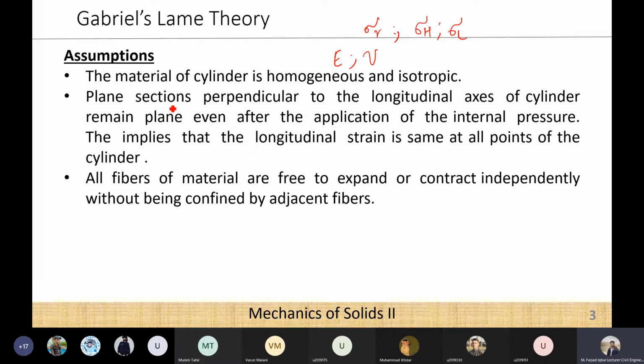And the second assumption is that the plane section perpendicular to the longitudinal axis of the cylinder remains plane after the application of internal pressure.